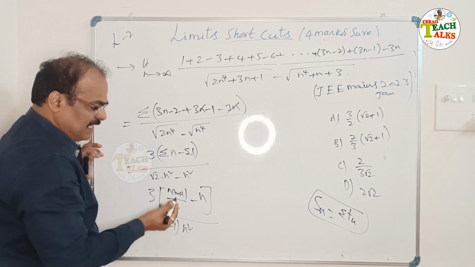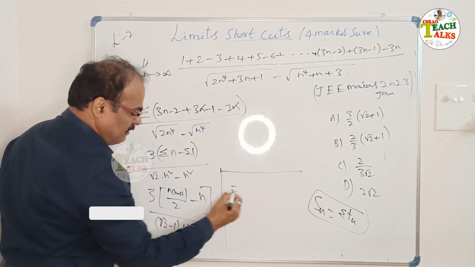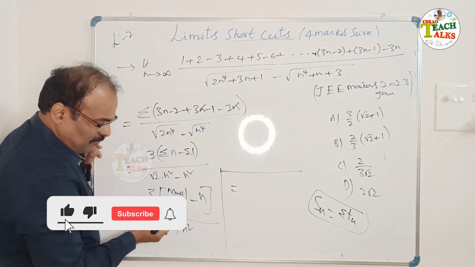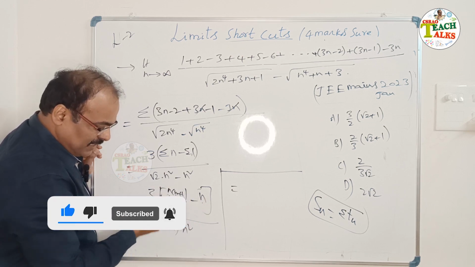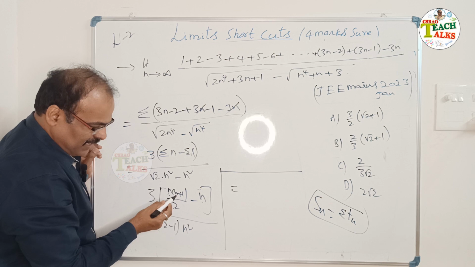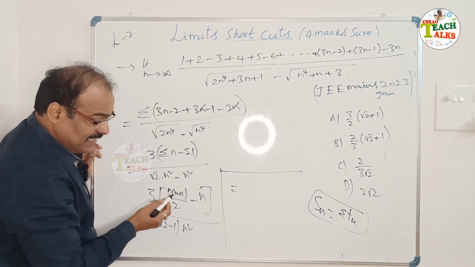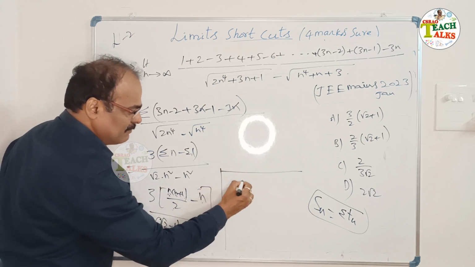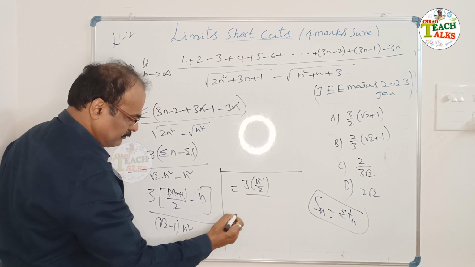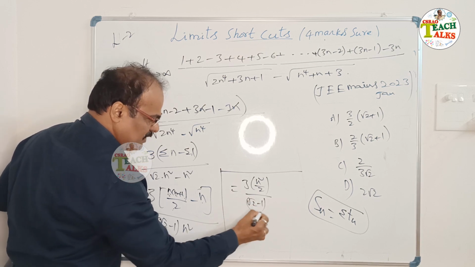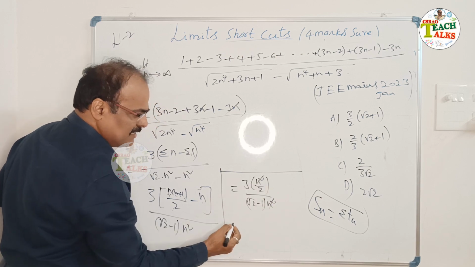And what is the highest term here? In the numerator, n into n square plus n by 2. N square plus n by 2 means n square by 2 is the highest term. No need to take n; this is not the highest term. So 3 into n square by 2, by root 2 minus 1 into n square. N square gets cancelled.